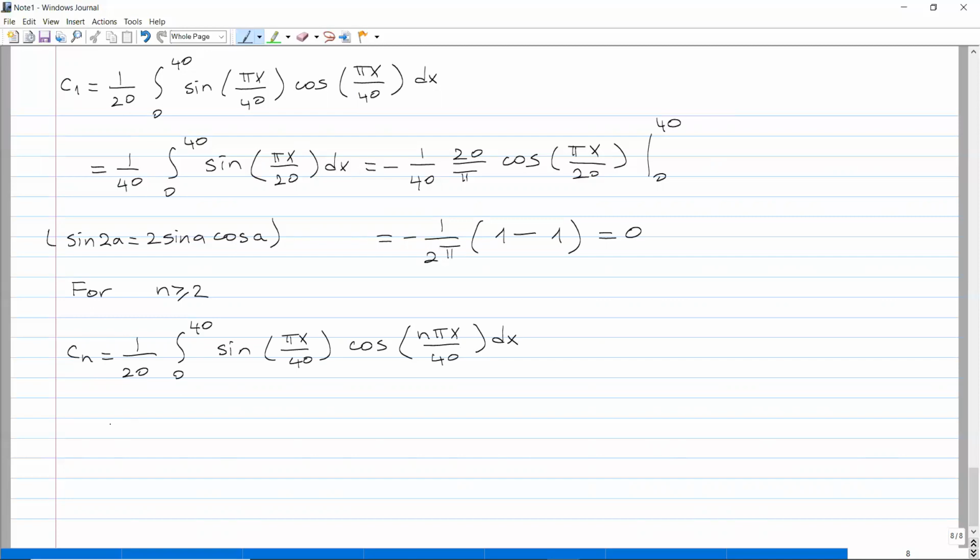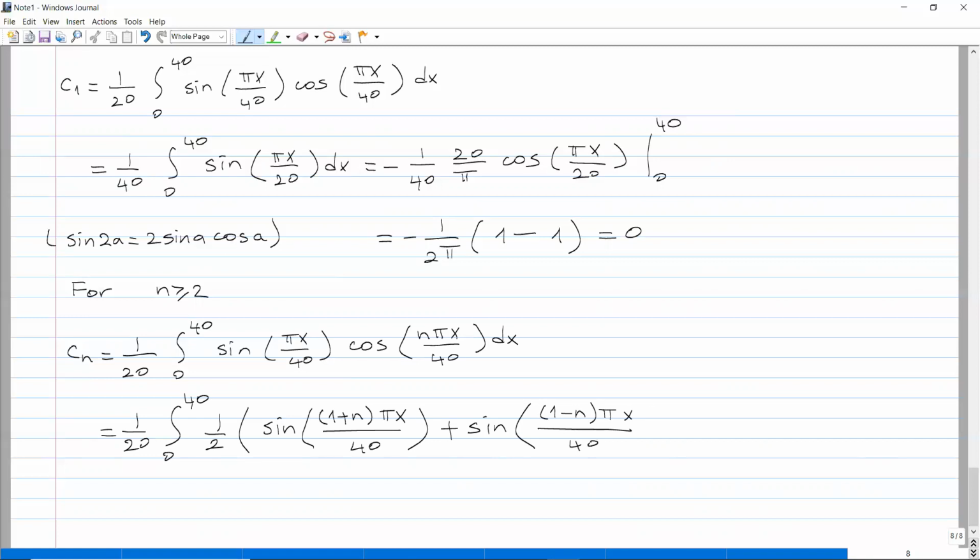I'm going to write this as 1/2 sine of A plus B, so 1 plus n pi x over 40, plus sine of A minus B, 1 minus n pi x over 40.